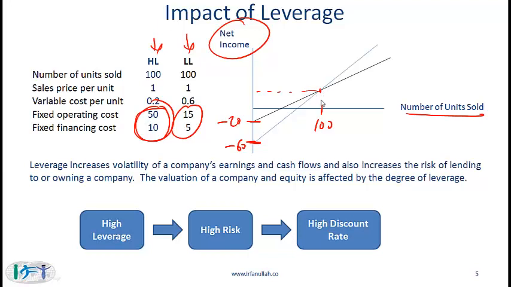But notice, as sales increase beyond 100, the benefit is much more to HL, and that is another way of saying that HL has higher leverage. A 1% increase in sales will have a higher percent increase in net income for the high leverage firm relative to the low leverage firm.